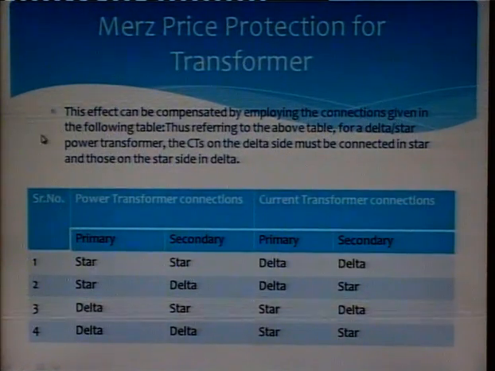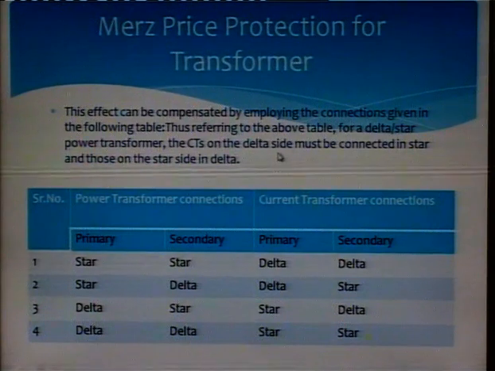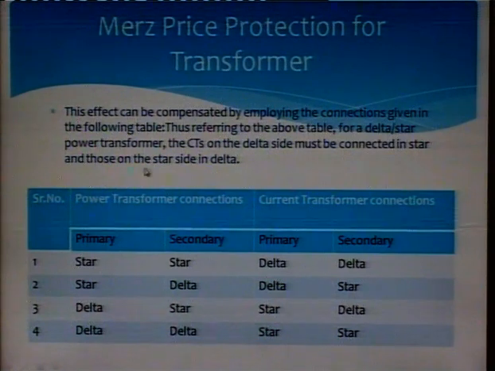This problem can be compensated by employing the connection given in the following table. So, for this problem we will do the connection according to this table. According to this table, for a delta star power transformer, the CTs on the delta side must be connected in star and those on the star side in the delta.